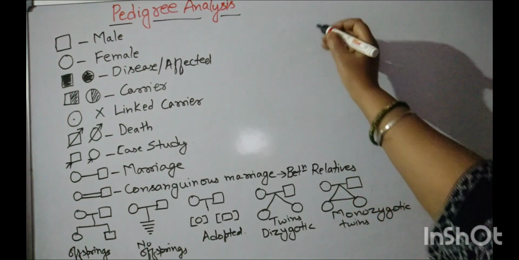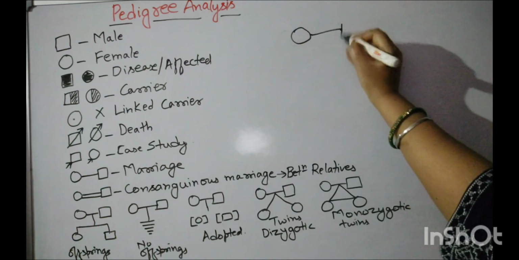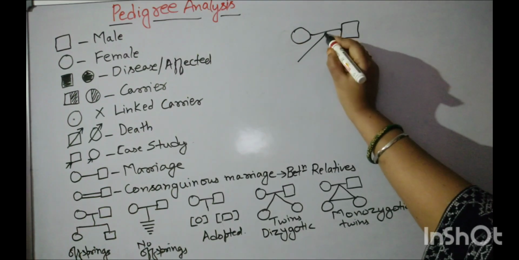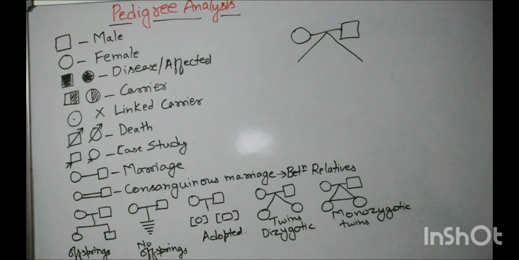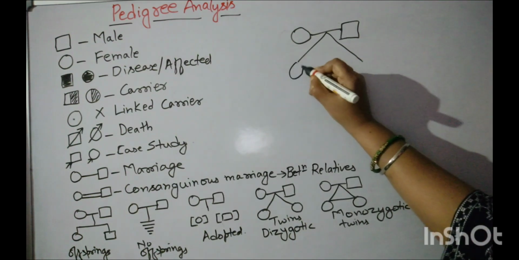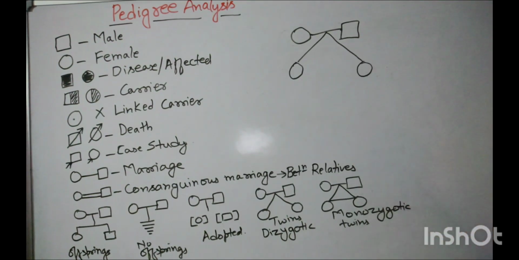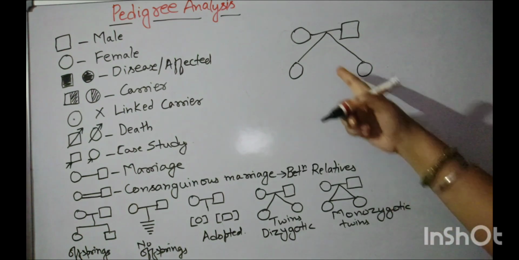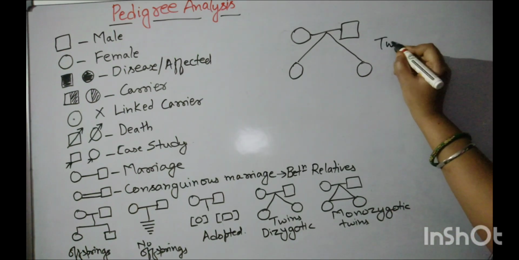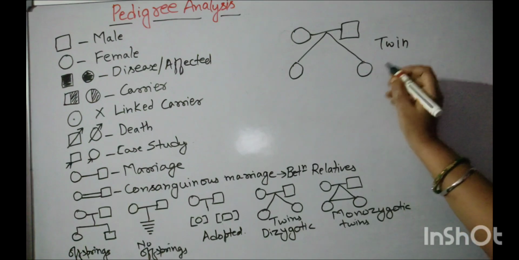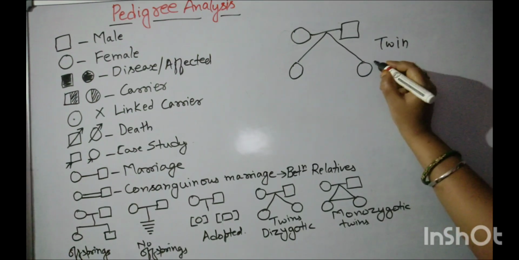Now twins. If I make a female and a male, and draw a line like this to the offspring, what does this line mean? This means it is a twin. And what type of twin? Dizygotic.